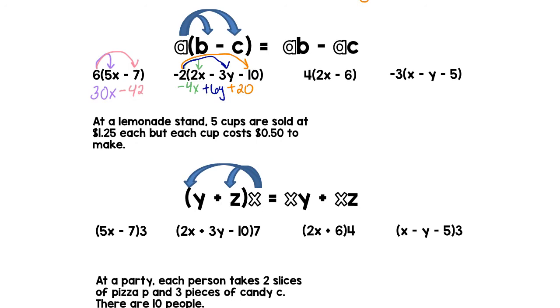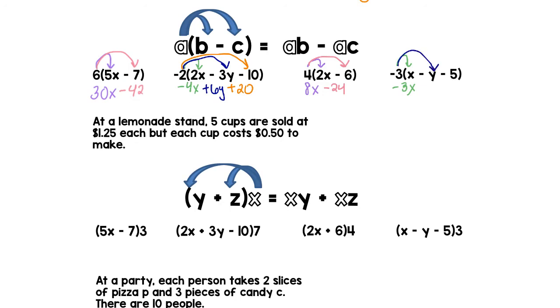All right, here we go. 4 times 2x is 8x. And then 4 times -6 is -24. Positive times negative is negative. Last one, -3 times positive x is -3x. -3 times -y.